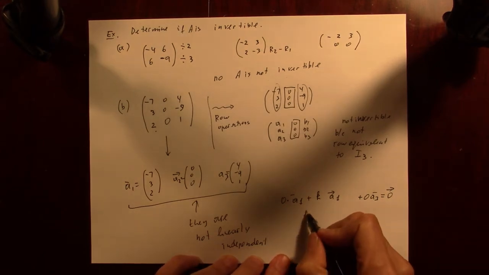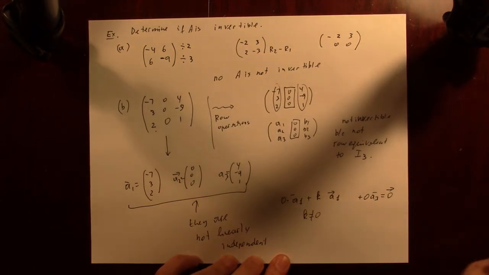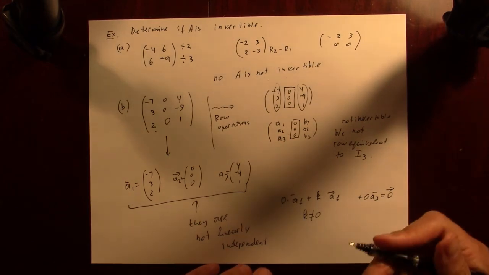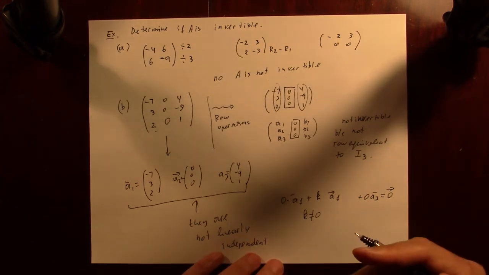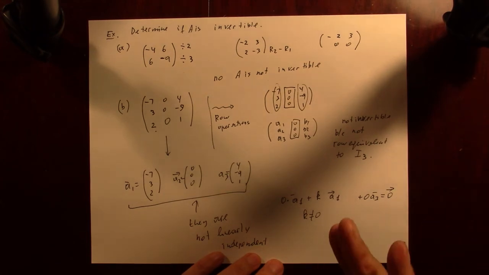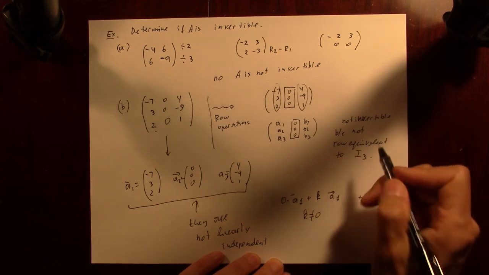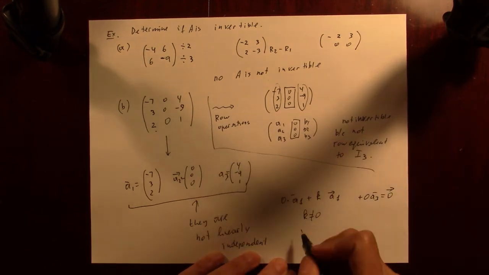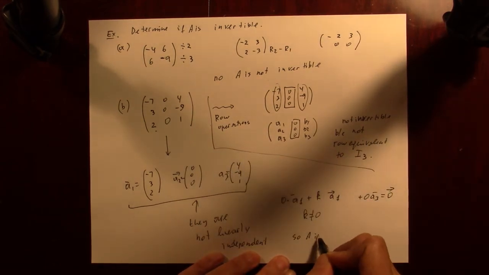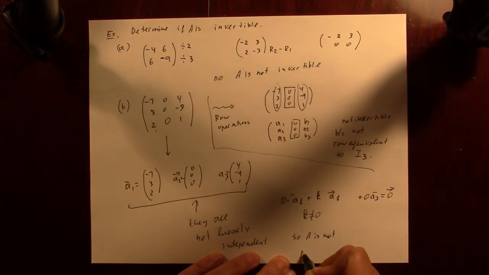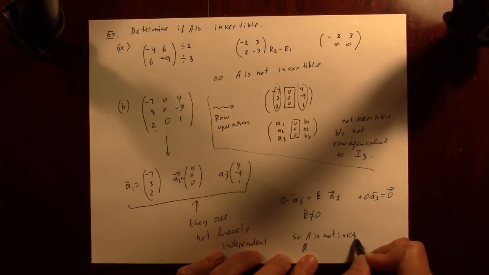So since the columns are not linearly independent, we conclude matrix A is not invertible. Same conclusion as we got earlier.